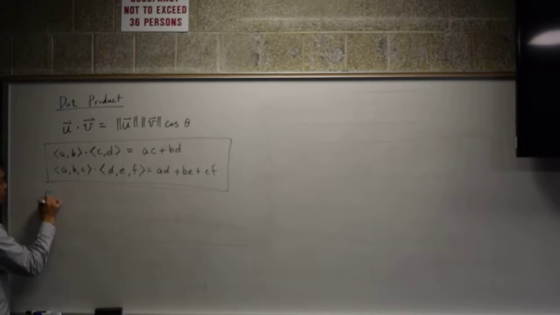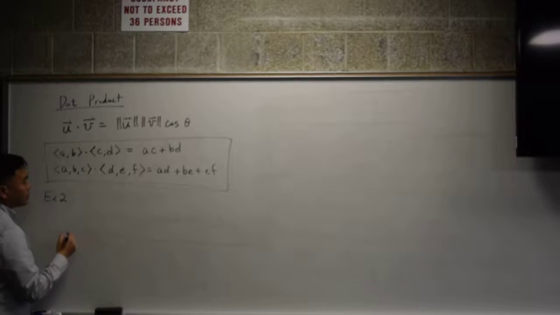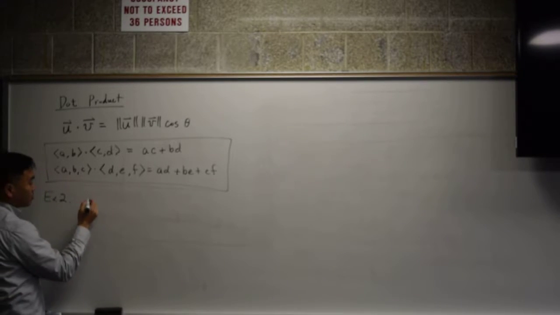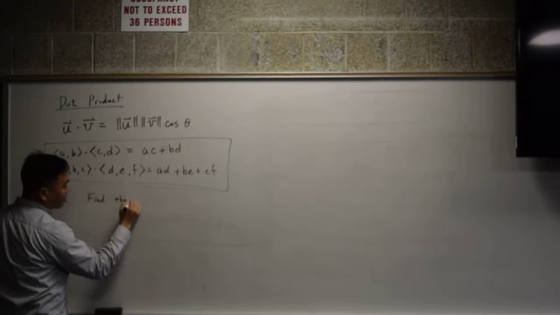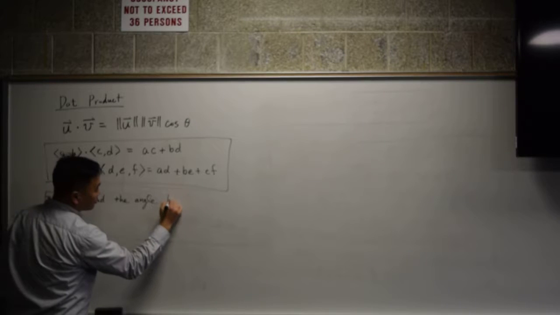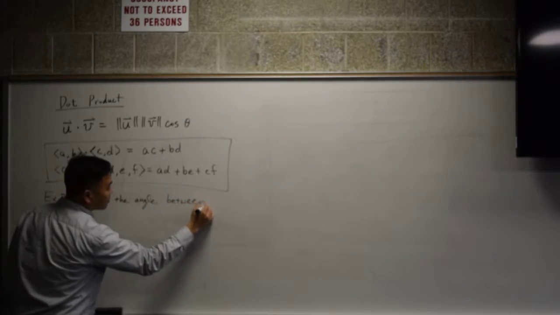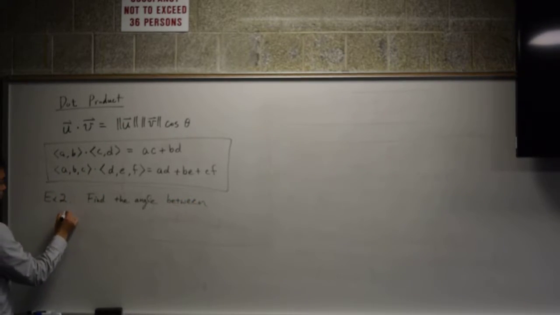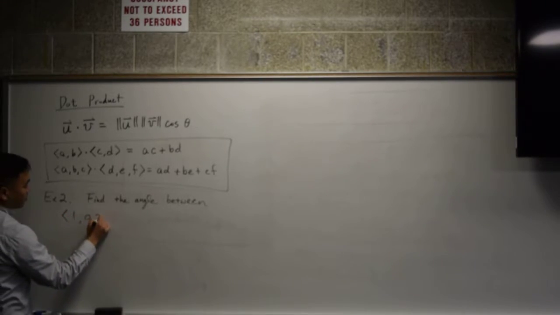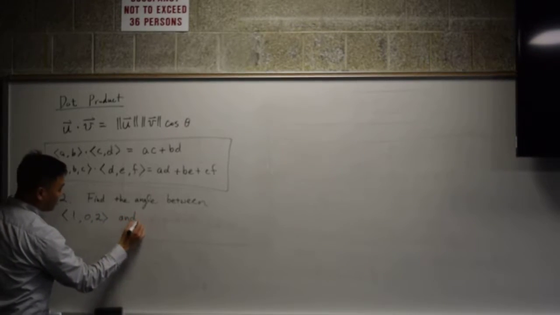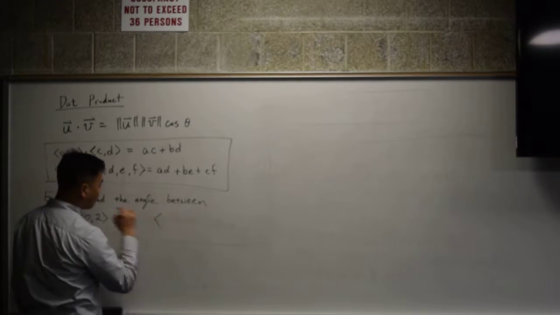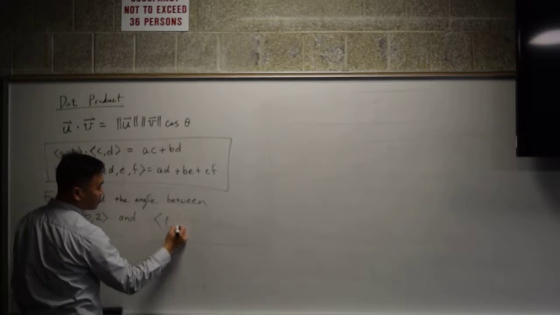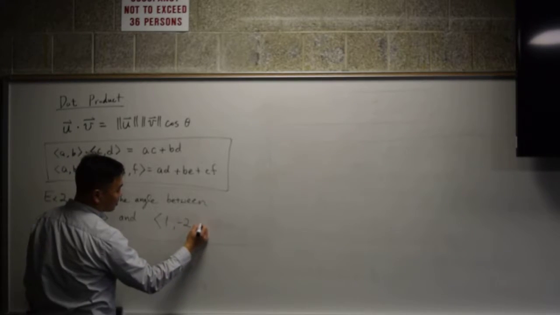Here's a second example. Now let's play with three-dimensional vectors. Find the angle between, say, 1, 0, 2 and 1, negative 2, 0.